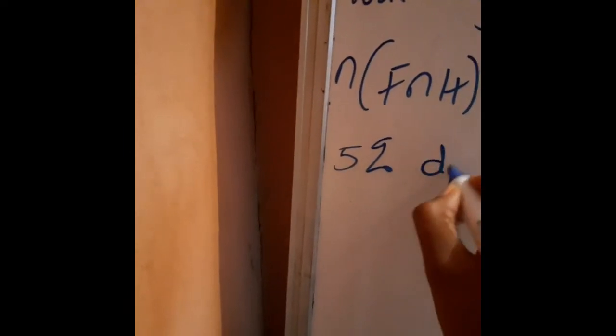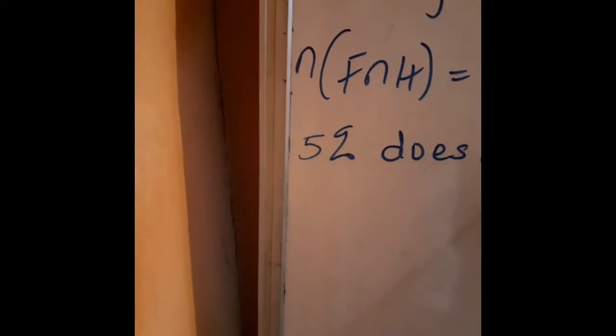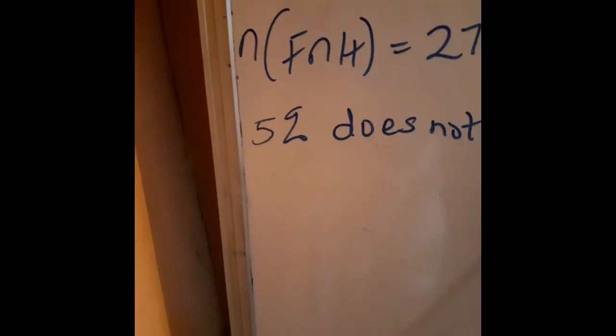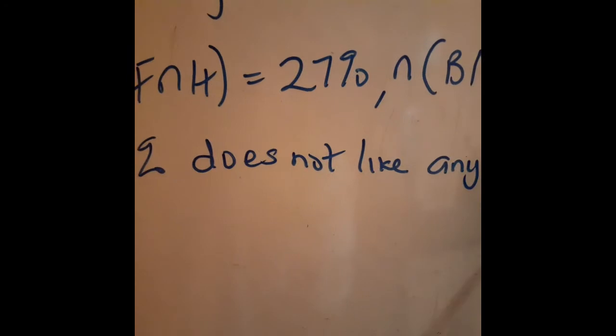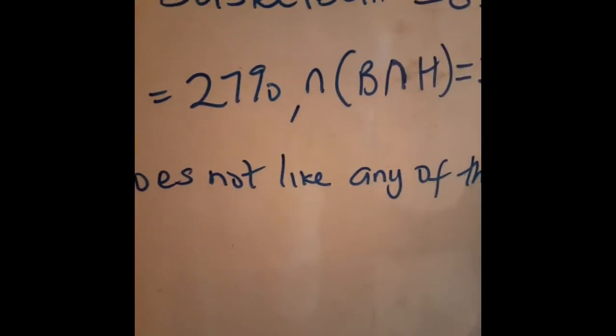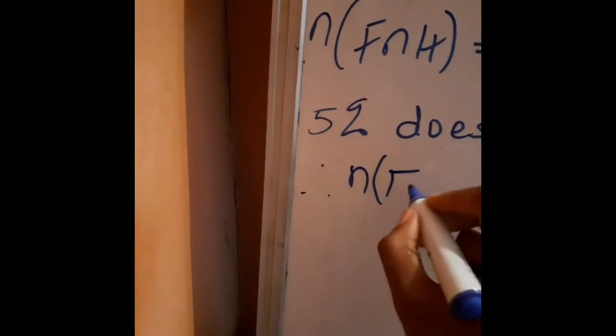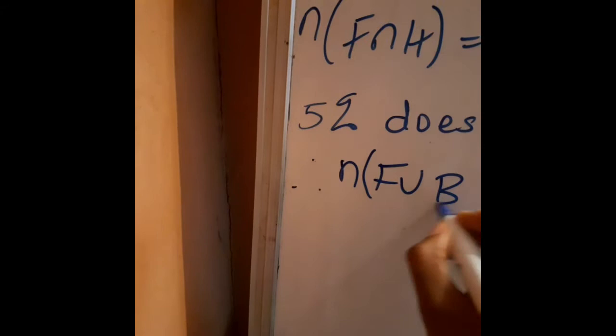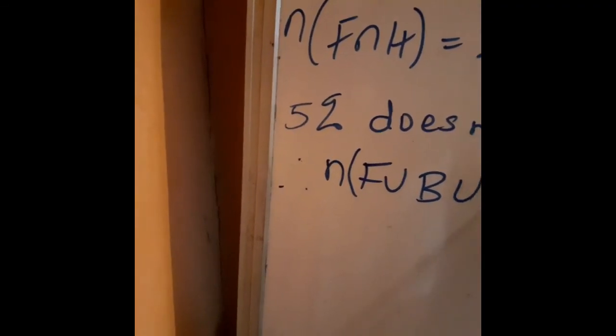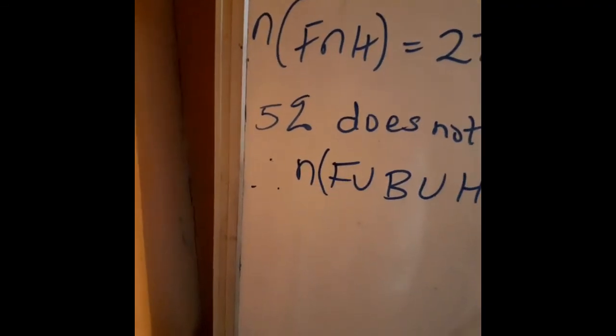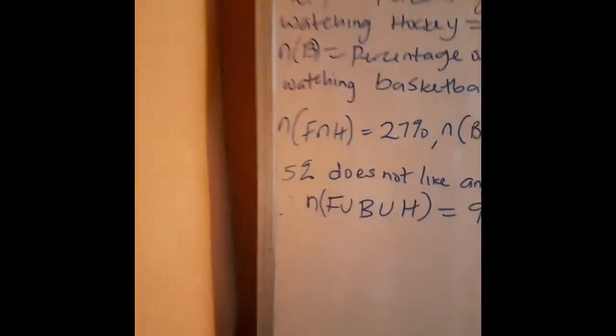They said 5% does not like any of the three games. That is to say, number of F union B union H equals 95%. Is that right?